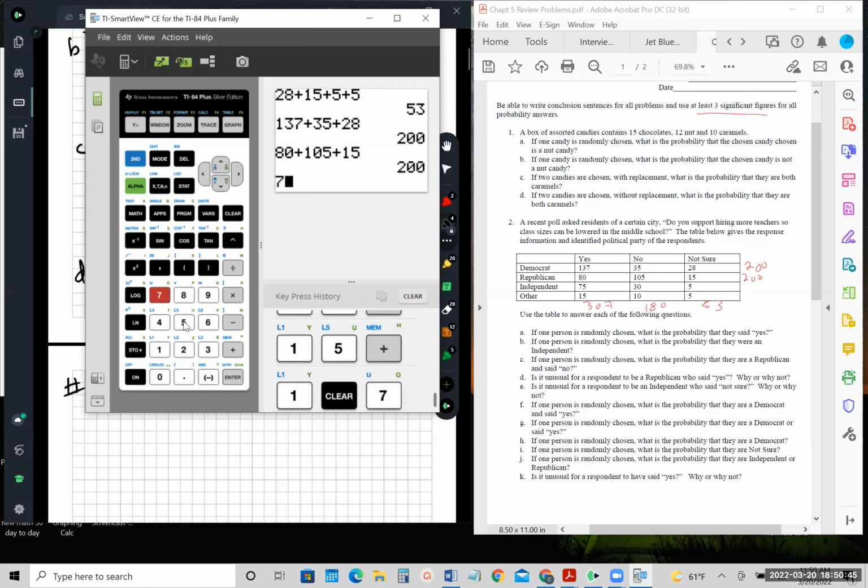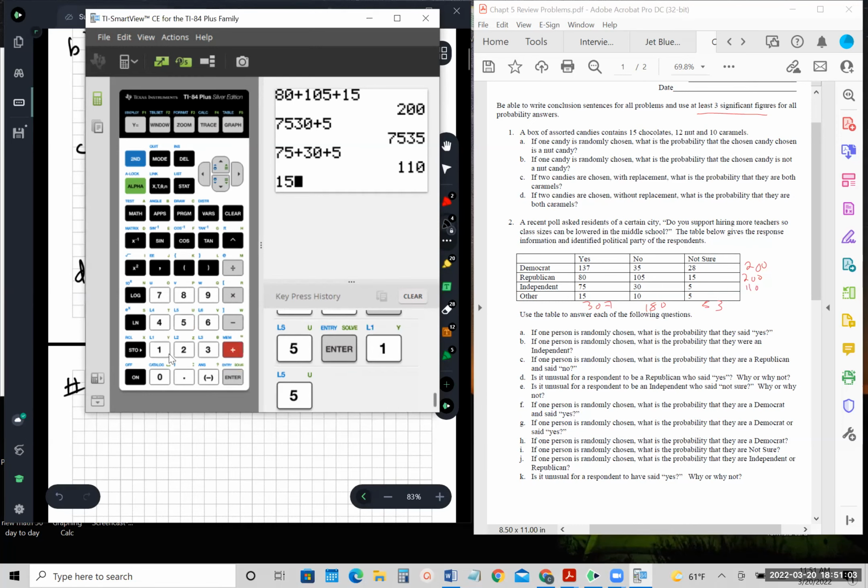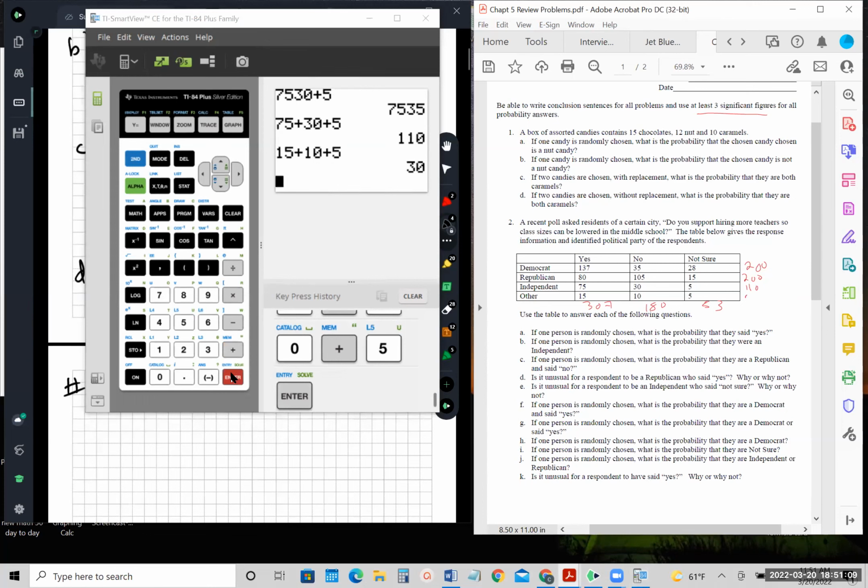The third row would be 75 plus 30 plus 5. So that, oh, got that wrong. 75 plus 30 plus 5 would be 110. And then the last row would be 15 plus 10 plus 5. So we get a 30. And then if we add up either the rows or the columns, we should get the same total. So 200 plus 200 plus 110 plus 30 gives us a grand total of 540.